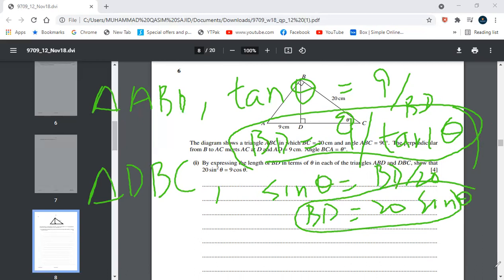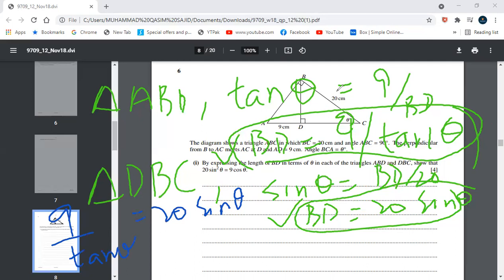Now comparing the BD value, so it must be 9 upon tan theta equals to 20 sin theta. So we have to take the values that how to find the 20 sin theta and 9 tan theta.